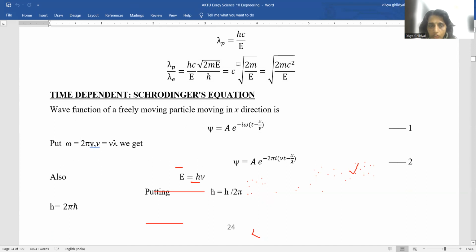Omega angular velocity is equal to 2 pi into linear frequency, and velocity is equal to frequency into wavelength. Putting these two values in this expression above, it becomes phi is equal to a e to the power of minus 2 pi i bracket mu t minus x by lambda bracket closed.